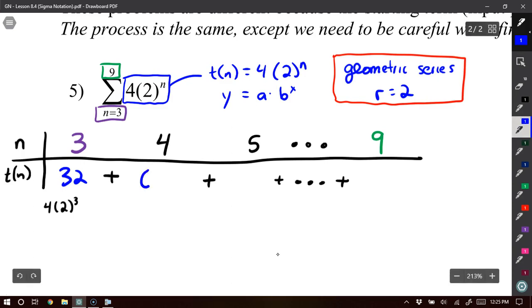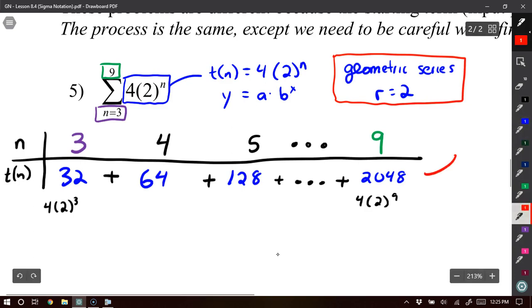So I could just multiply by 2, multiply by 2. And I have to do it on this part. I actually have to do 4 times 2 to the 9th. And I could use the calculator for that and say it's 2048. So there's my list of the geometric series. So far, it looks like the only part that's different is that first part. What number are you starting at? N equals 3. So be very careful to look at that number every time.